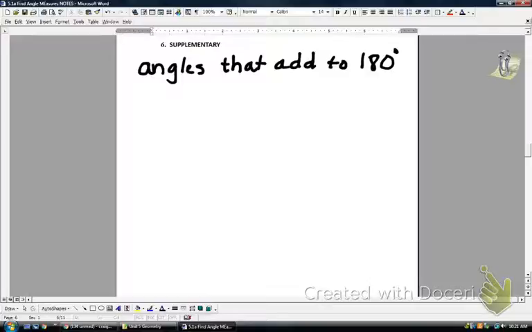It's kind of silly, but it may work for you. The S in supplementary is like half of an 8. So when you complete it, it makes an 8. And that just helps me remember that supplementary is 180. If that works for you, great. If it doesn't work for you, then you need to think of a way to keep straight in your mind that complementary adds to 90 and supplementary adds to 180.